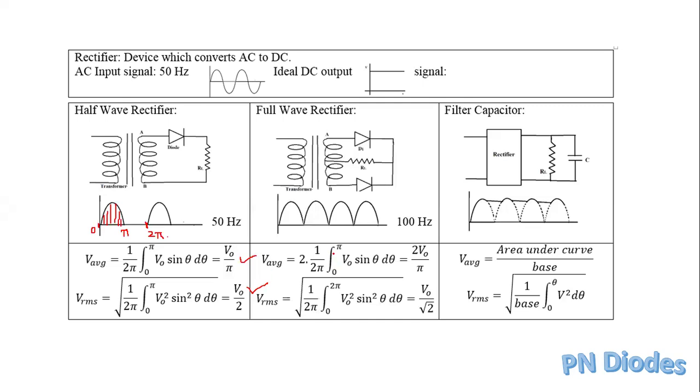In the case of the full wave rectifier, we do the same thing from 0 to pi, but then this same curve is repeated over here, so we simply multiply by 2. From your mathematics knowledge, you should know that if I integrate from 0 to 2 pi, since you are taking sine theta, it will show a negative curve on this side, so the positive area and the negative area will cancel.